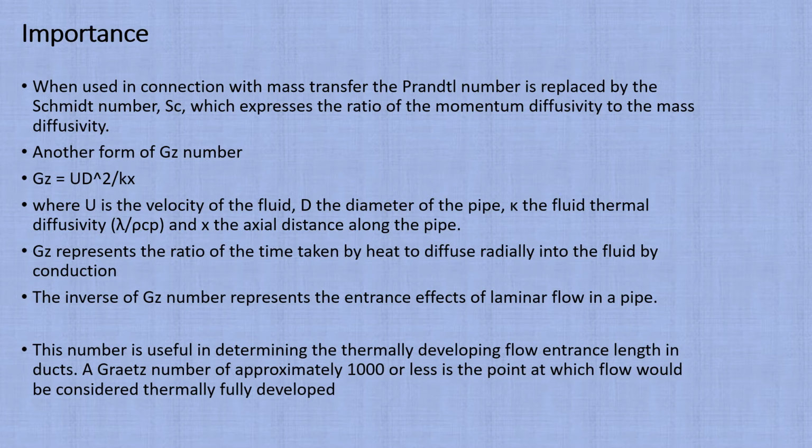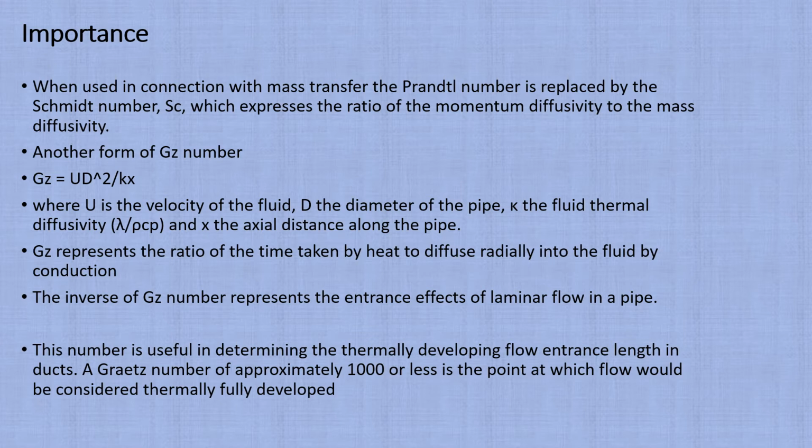Another form of Graetz number is U into D square divided by Kx, where U is the velocity of the fluid, D the diameter of the pipe, K the fluid thermal diffusivity, and X is the axial distance along the pipe.